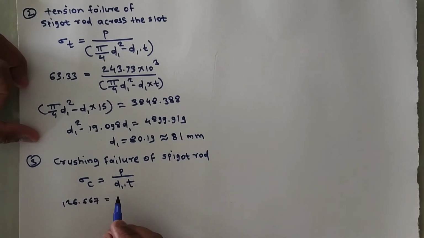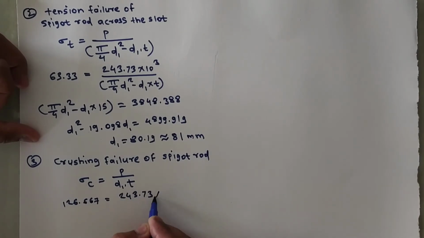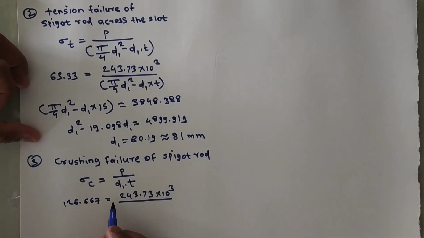P we have found out, that is 243.73 into 10 raised to 3, divided by d1 into T. T is given in the numerical, that is 15 mm.